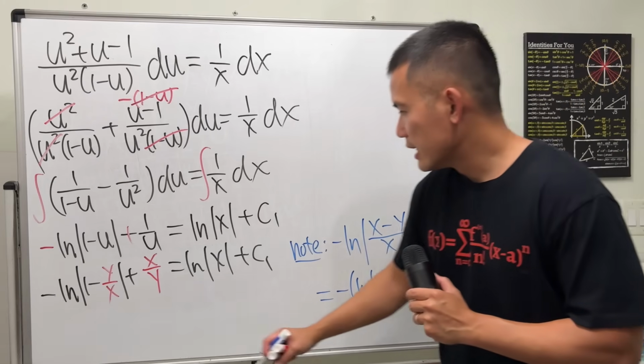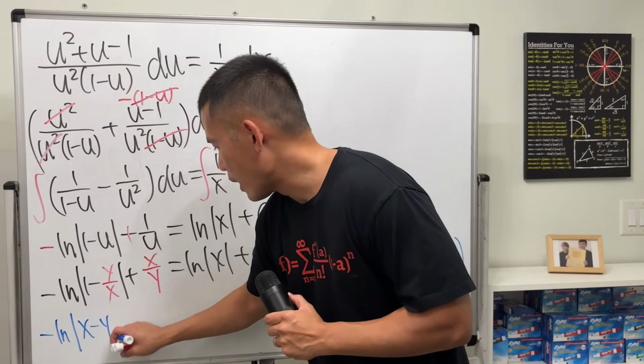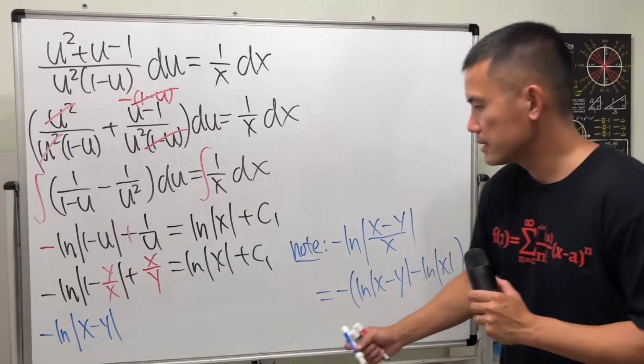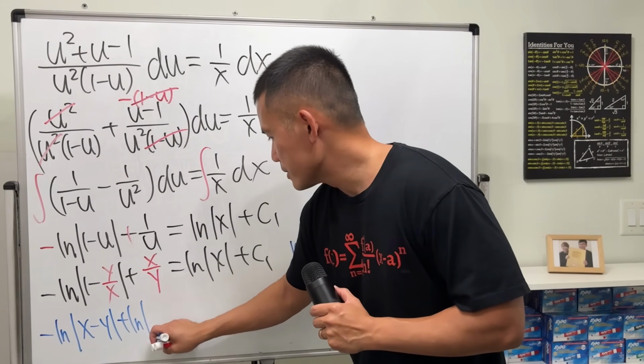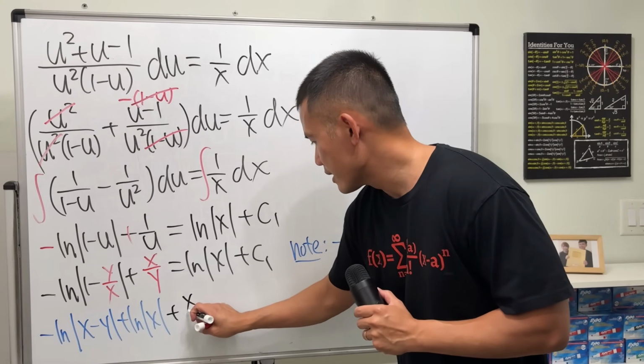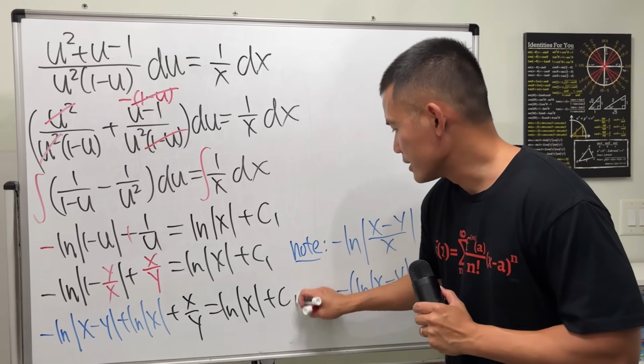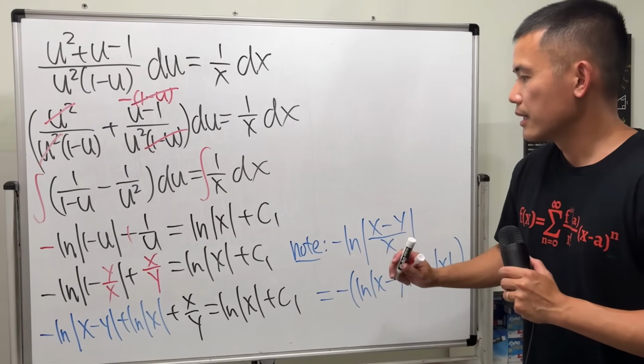So you get negative ln absolute value of x minus y, and then plus ln absolute value of x, and then the rest stays the same. And then let's say still c1 right here.